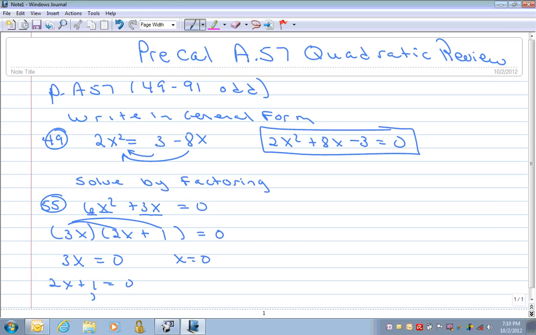Over here, you move the 1 over, you would have 2x equals negative 1, and then you would divide by 2. And so x would be negative 1/2. So your solutions, x values, are 0 and negative 1/2. Alright, let's move on.